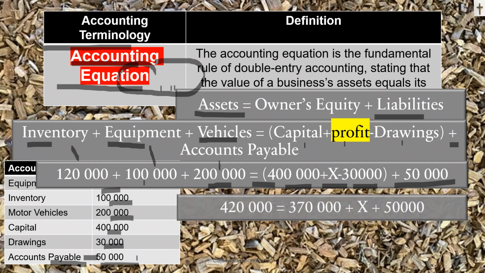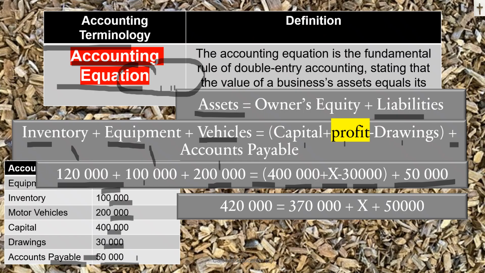We solve. First of all, I simplified the left hand side. 120,000 plus 100,000 plus 200,000 is 420,000, is equal to 400,000 minus 30,000 is 370,000 plus X, which is representing profit, plus 50,000, which is accounts payable.